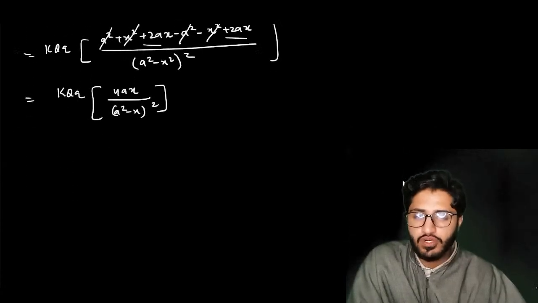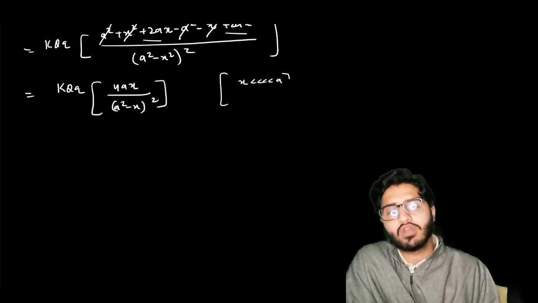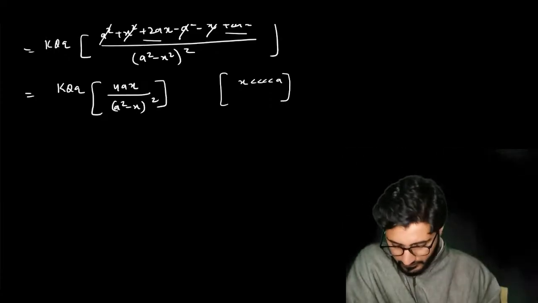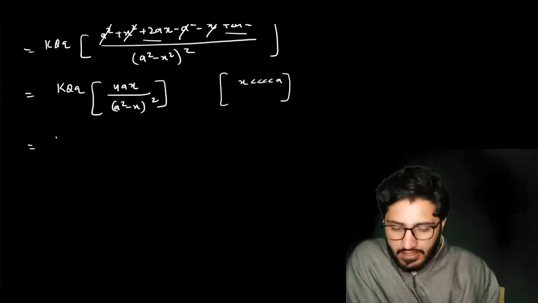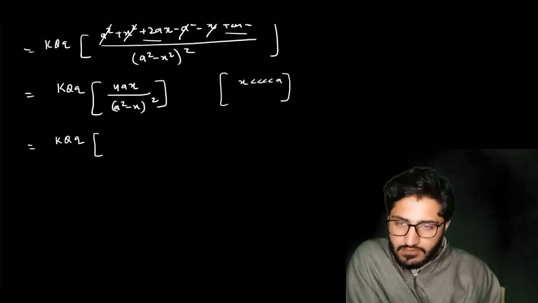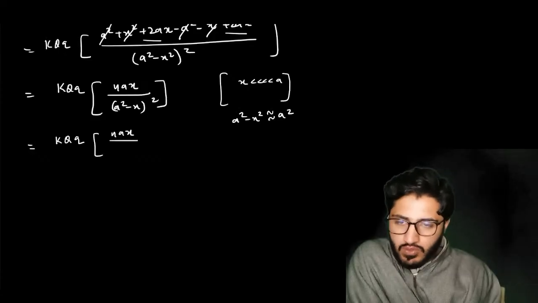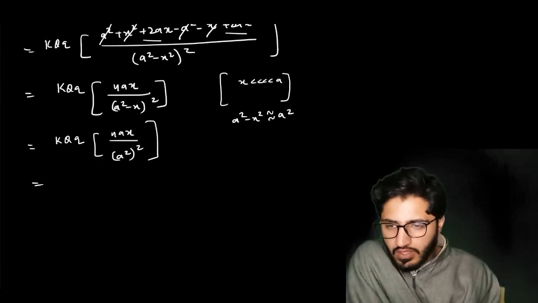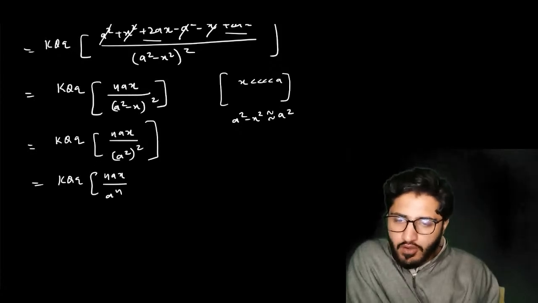One thing that you need to notice, the displacement X is very small as compared to the distance between these two. So I can write K Q squared times 4AX whole divided by, A square minus X square is approximately equal to A square only, so A square whole square, that is A to the power 4.